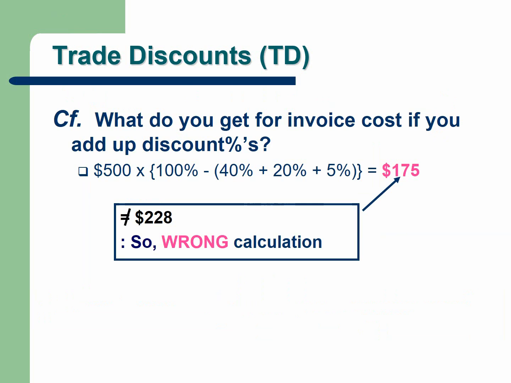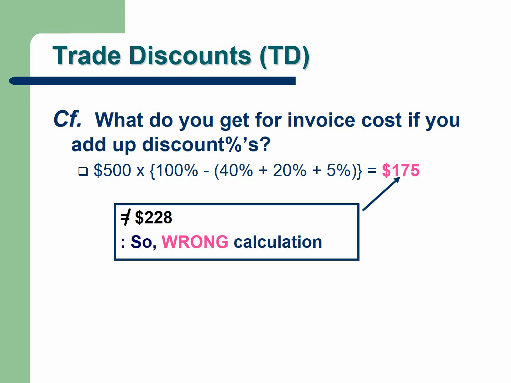So in the previous couple of slides, I was showing you how to apply the series of trade discounts in case you get more than one trade discount from the vendor, and how it's not just additive, which means you can't just add up all the series of trade discounts and subtract that from the list price to get the invoice cost, right?